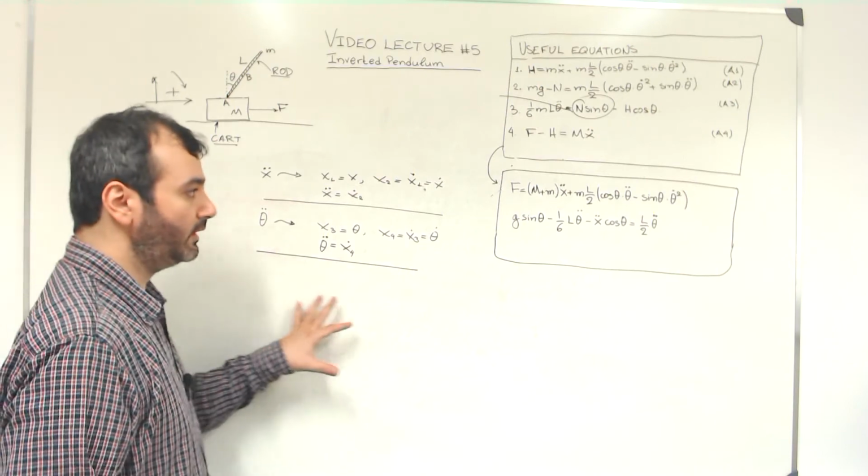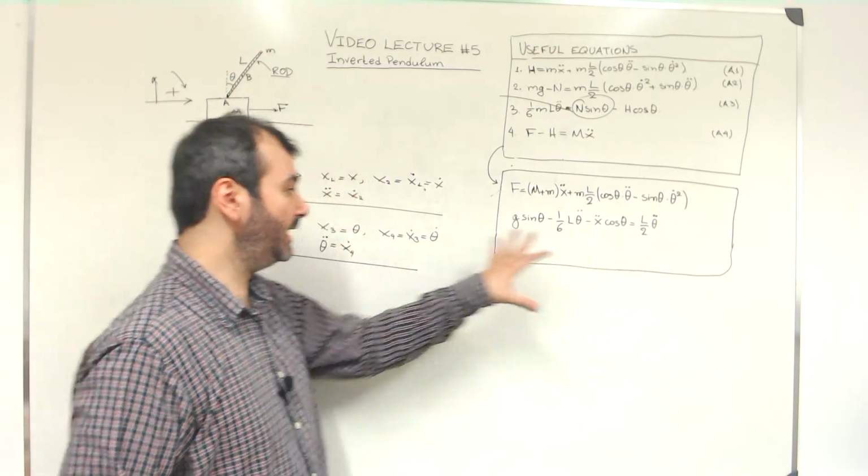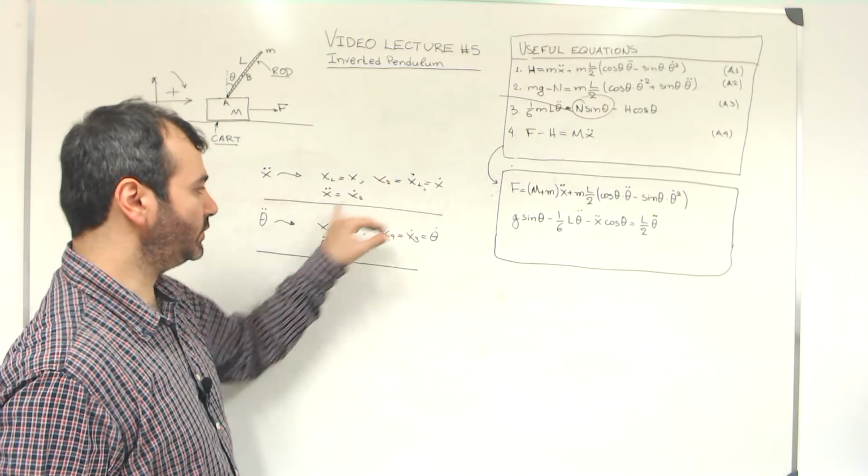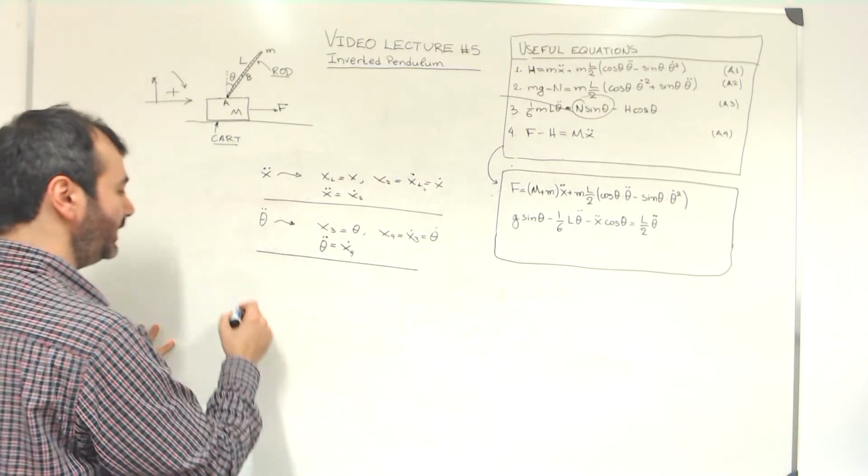We can now rewrite these two equations in terms of x1, x2, x3, x4. Let's do that very quickly.